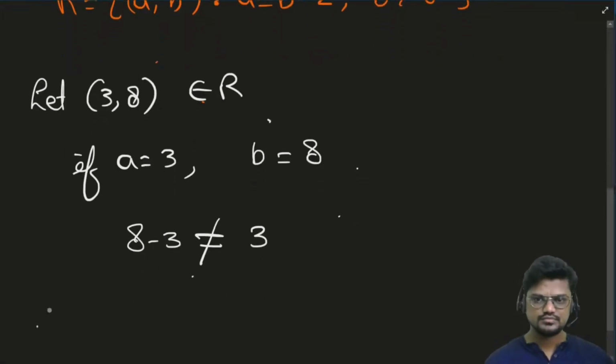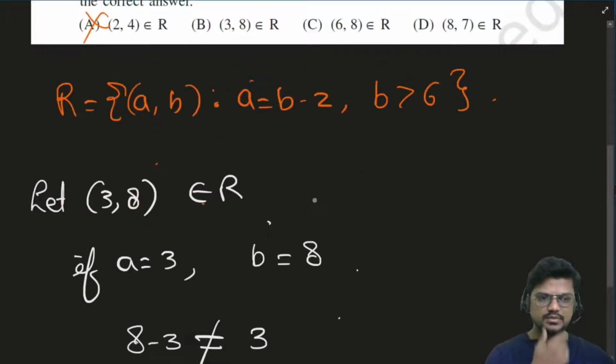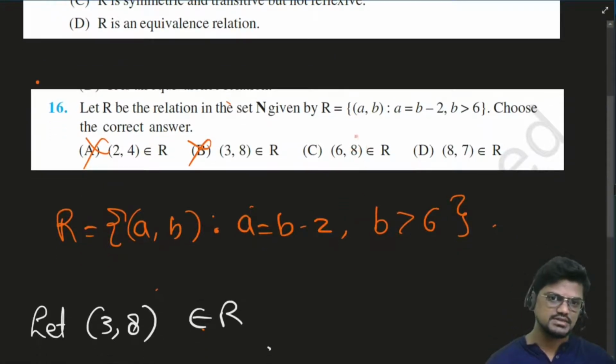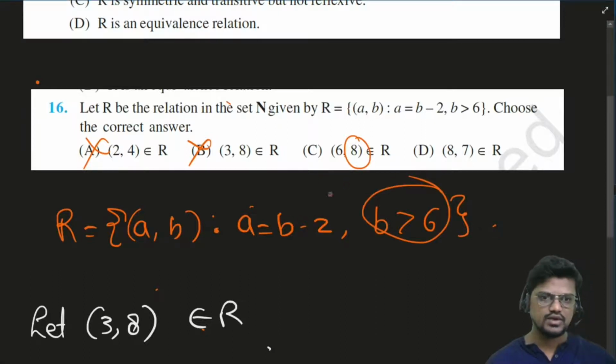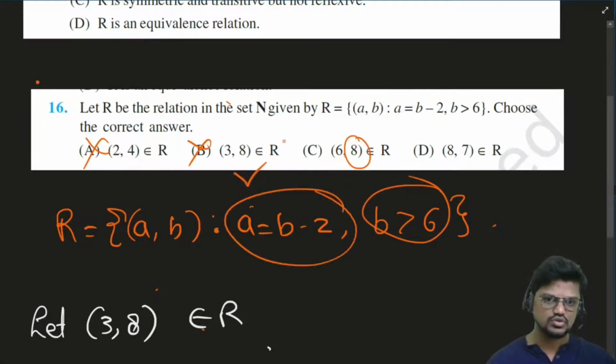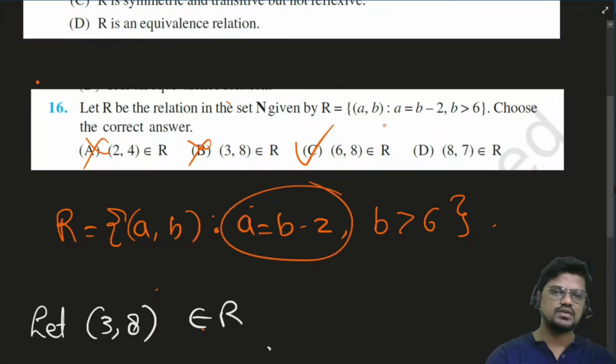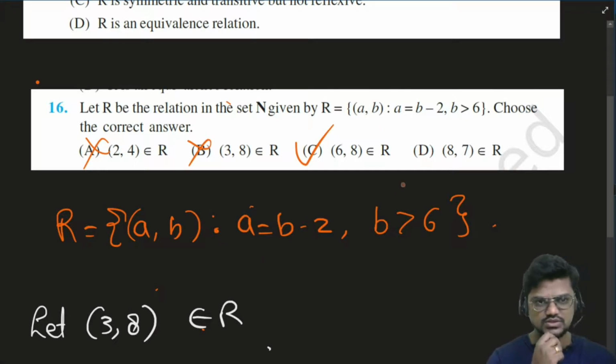Therefore, (3, 8) does not belong to the relation. That means the second one is also wrong. If I put 6, and the value of b is 8, yes, this is true. And if I do 8 minus 2, that is 6, and this is also true. So both conditions are getting satisfied. That means C belongs to the relation. And (8, 7) does not belong. Why? Because if I do 7 minus 2, I will get 5, and that is not equal to a. That's why it will not belong to the relation. So this is also false.